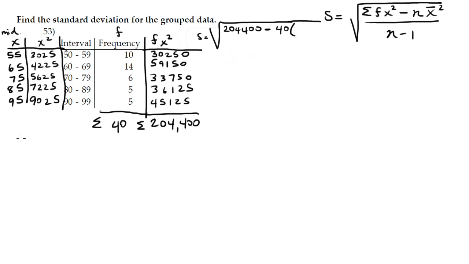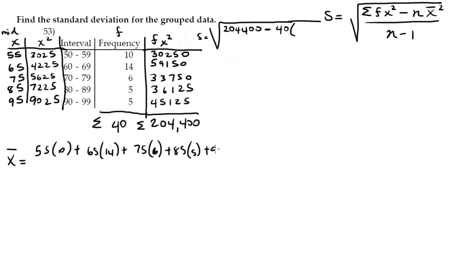What's my mean? Well, let's see. So I need to multiply x times the frequency, x times the frequency, x times the frequency, x times the frequency, x times the frequency. So I'll do that here. 55 times 10 plus 65 times 14 plus 75 times 6 plus 85 times 5 plus 95 times 5, and divide that all by how many values I have? 40.